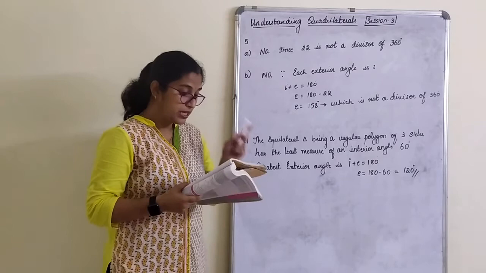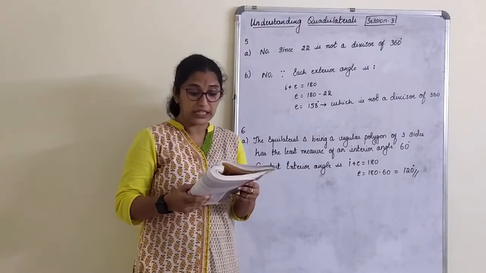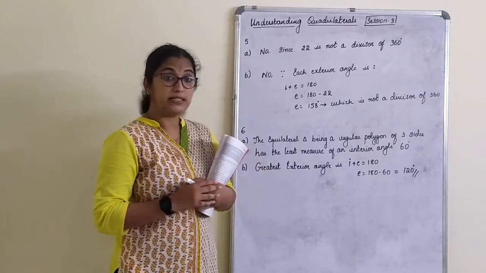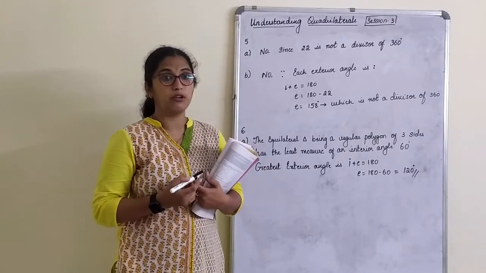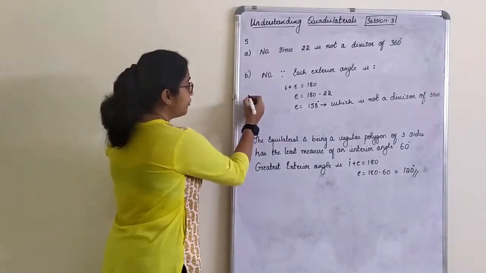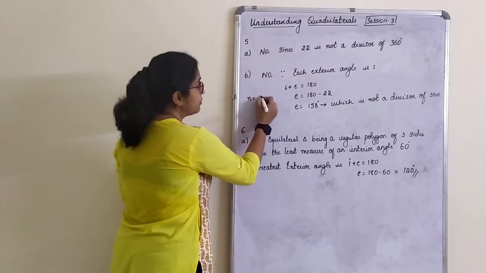Fifth one: is it possible to have a regular polygon with measure of each exterior angle as 22 degrees? That means they are asking, can we have a regular polygon whose each exterior angle measures 22? For example, I need to find the number of sides.